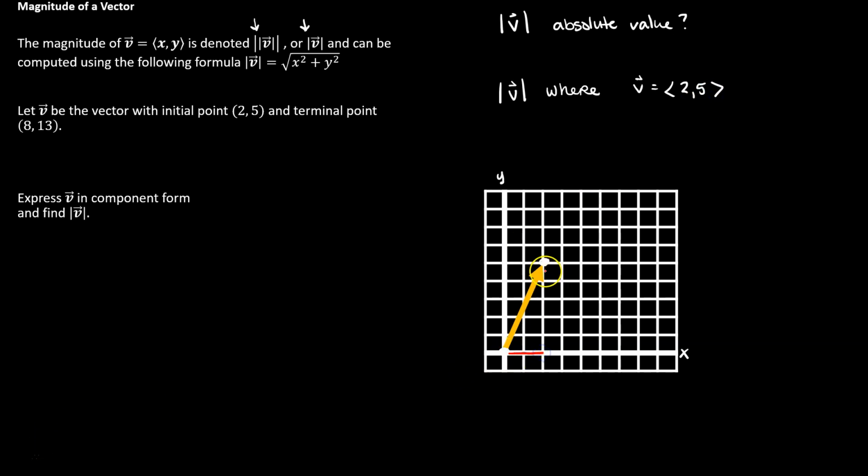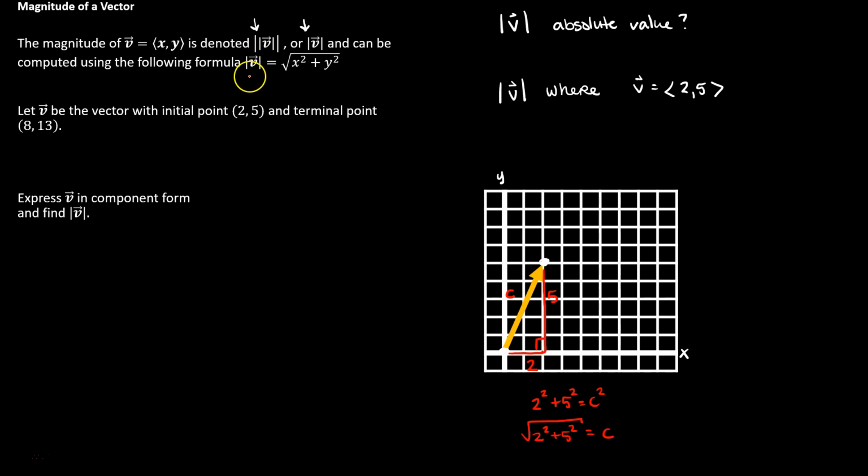So if I made a right triangle with the x-axis here, and I know that the bottom side is 2 units long, the right side is 5 units long, then I could use the Pythagorean theorem to solve for the hypotenuse. So I would say something like 2 squared plus 5 squared equals c squared. Solve for c. I need to take the square root of both sides. And c would represent the magnitude of the vector.